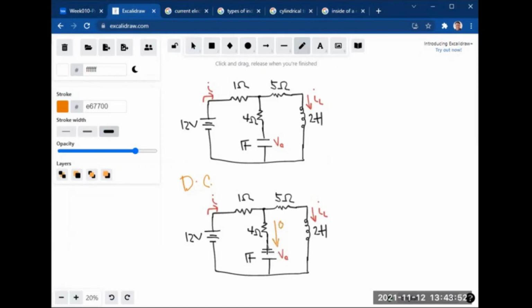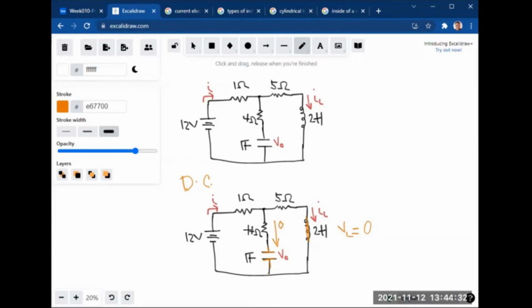How about the inductor for DC? The voltage across the inductor is 0. Always take note of that: our inductor acts as a short circuit in DC, so the voltage is 0, and our capacitor acts as an open circuit, so the current is 0.